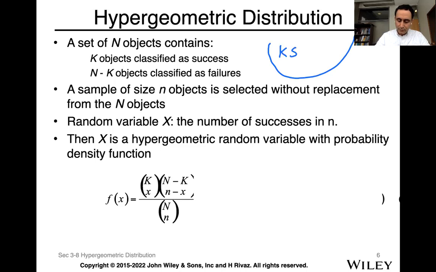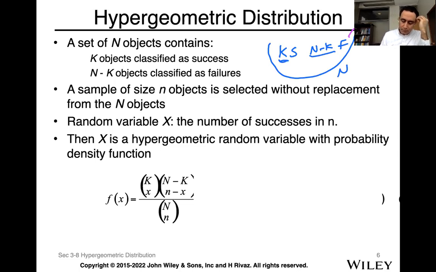And you have N minus K objects that are called failure, right? So in total, you have N objects, of course. So what you do is that you select a sample size of n, right? You select n of them.